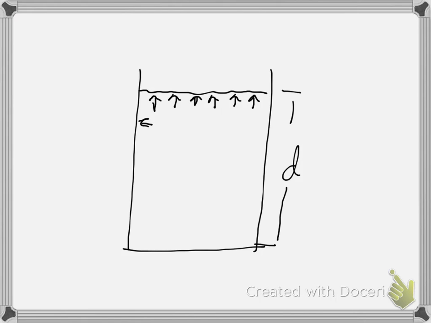So there's actually pressure being exerted in all directions, but as you go down, it gets larger. And when you're at the bottom, the pressure is much higher than it is at the top.